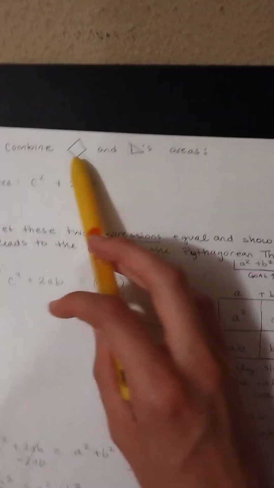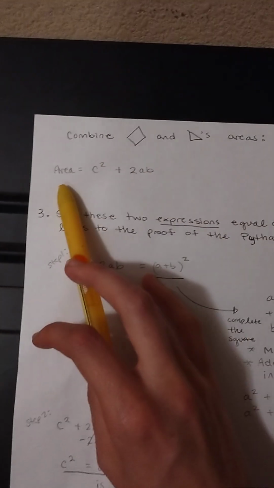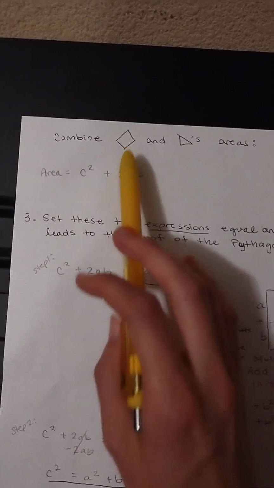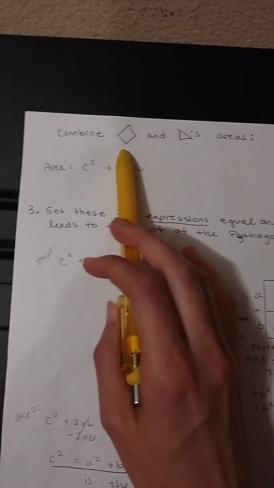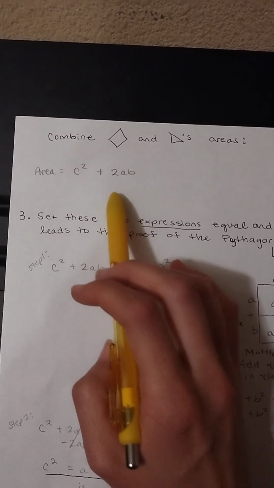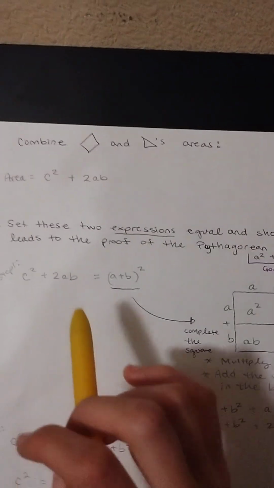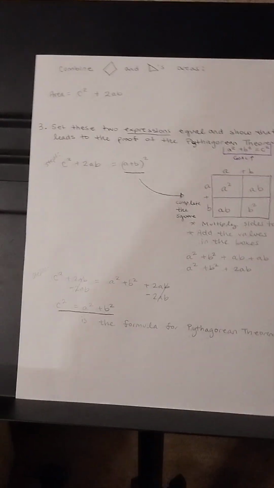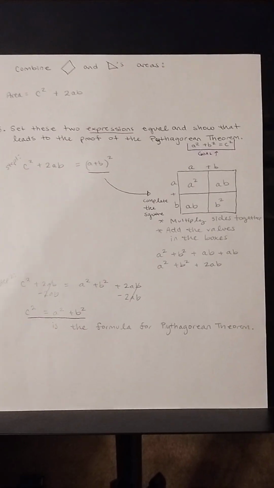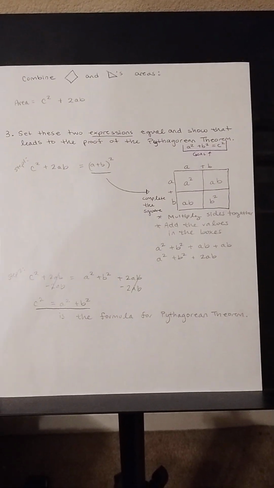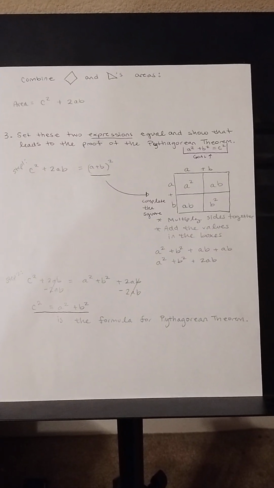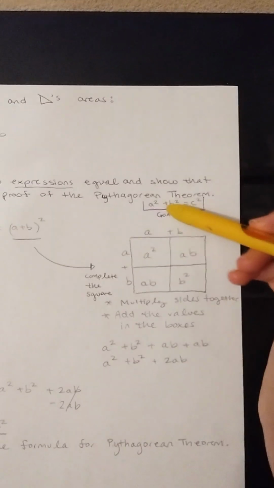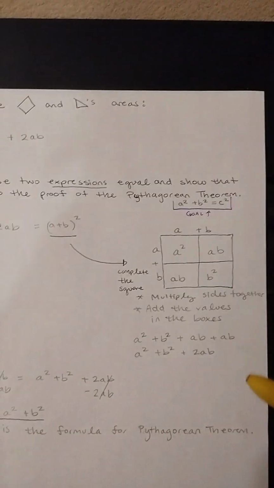So now we're going to combine the areas of all of our shapes, getting area equals C squared, which is the middle square, plus 2AB, all of our triangle areas. And our last part of this problem is setting these two expressions equal and showing that it leads to the proof of the Pythagorean theorem, which is a squared plus b squared equals c squared.